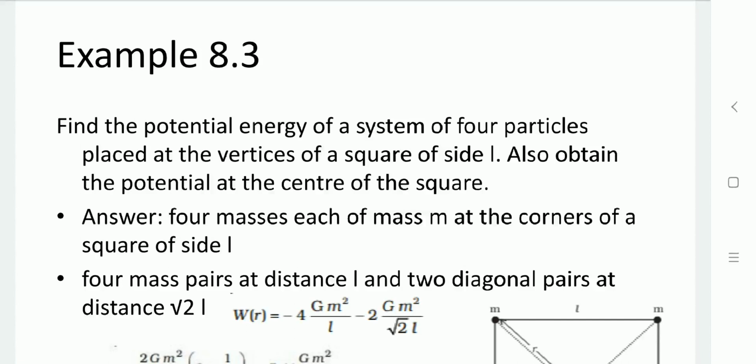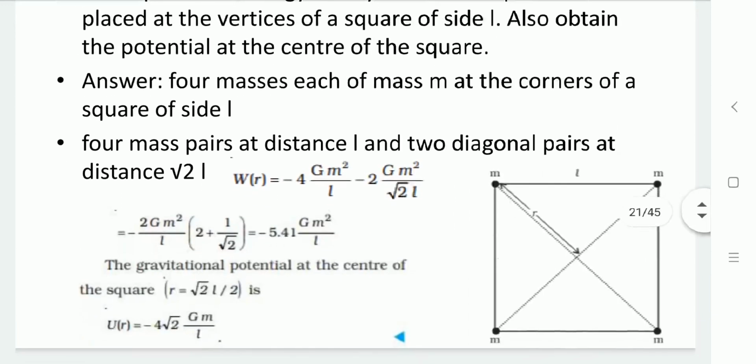So here 4 mass pairs are at a distance L, and the 2 diagonal pairs are at a distance root 2 L. So W(R) would be equal to minus 4 G m square by L minus 2 G m square by root 2 L. By solving this example, we get the value minus 5.41 G m square by L. And R is root 2 L by 2.